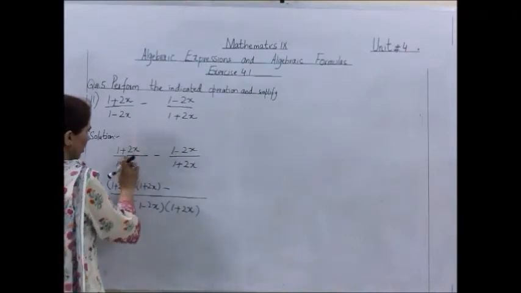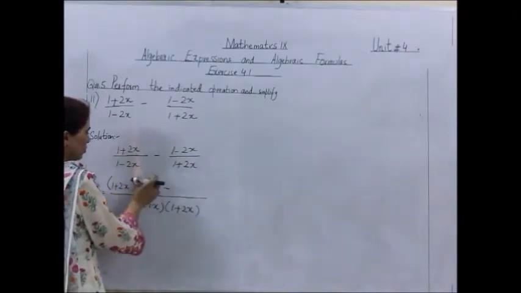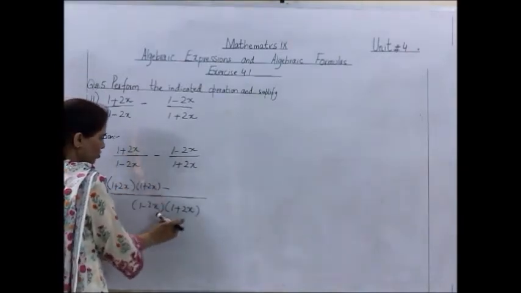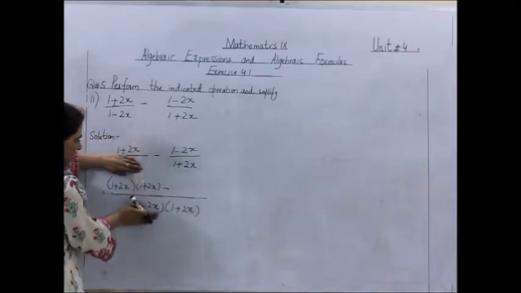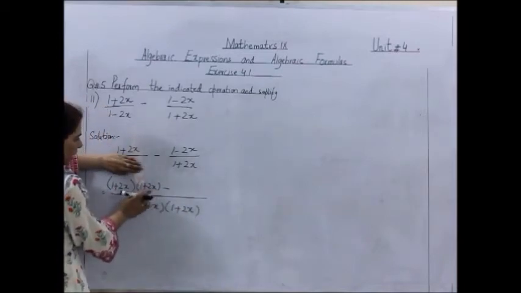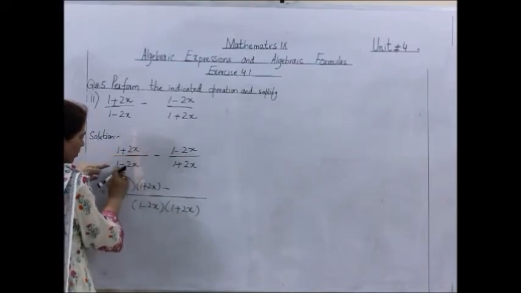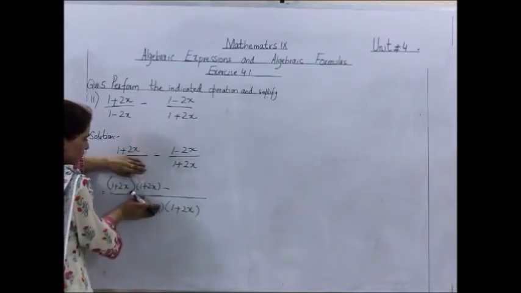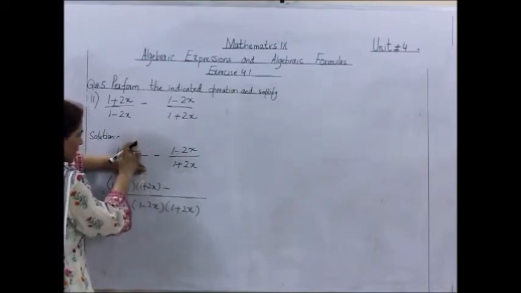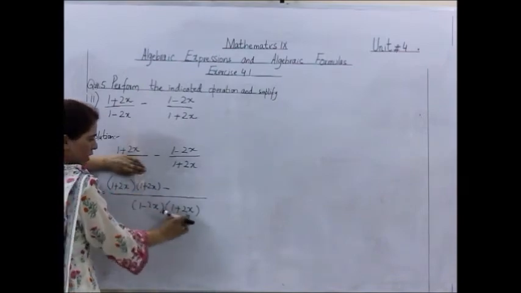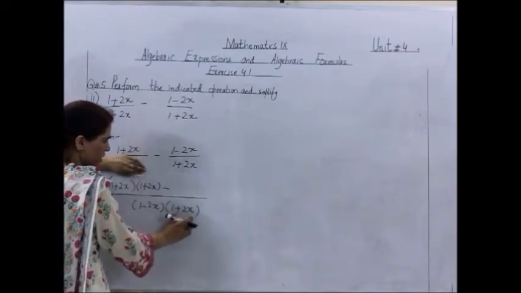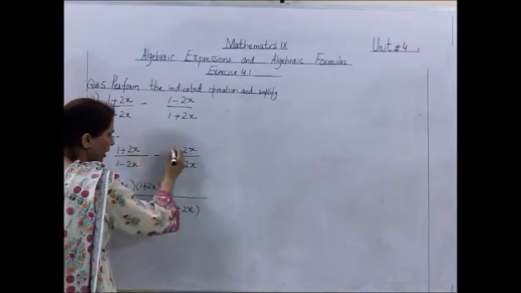Again, 1 plus 2x will be multiplied by 1 plus 2x because we leave the same and it will be multiplied with the different one. 1 minus 2x, we will leave it and this numerator will be multiplied with the different 1 plus 2x. Same we will do over here.